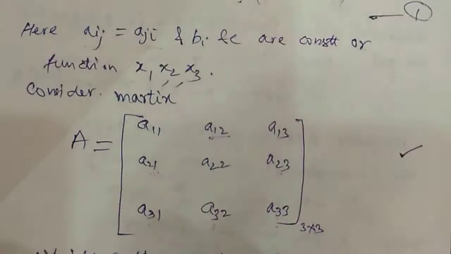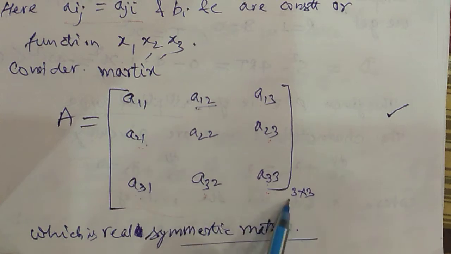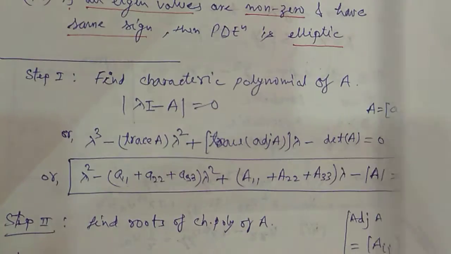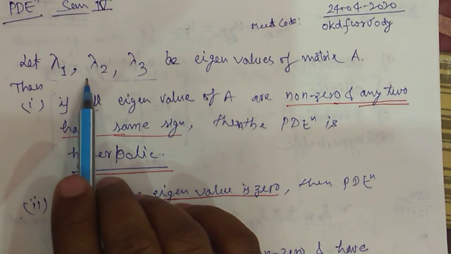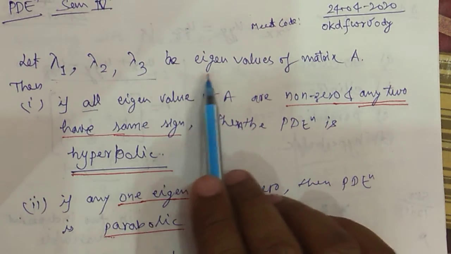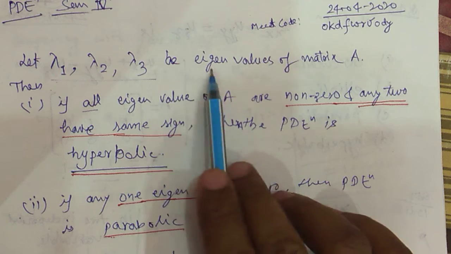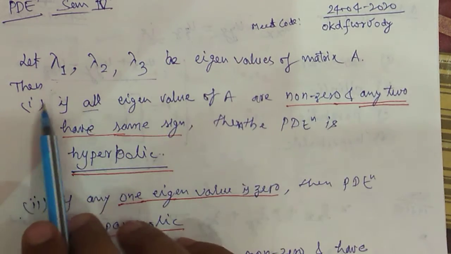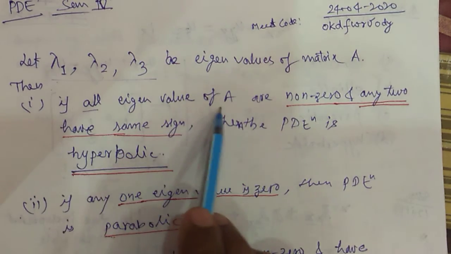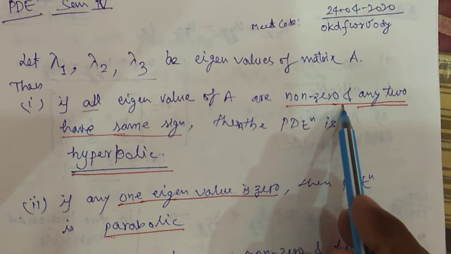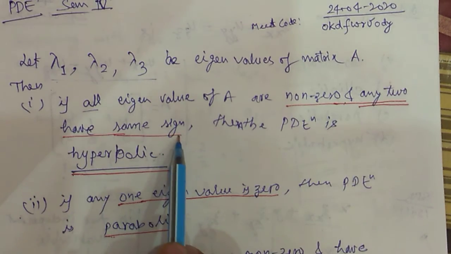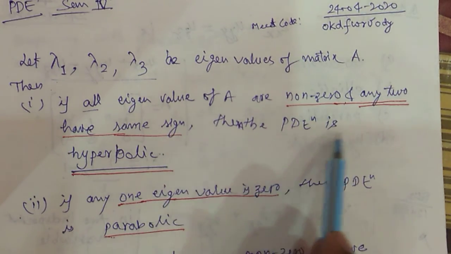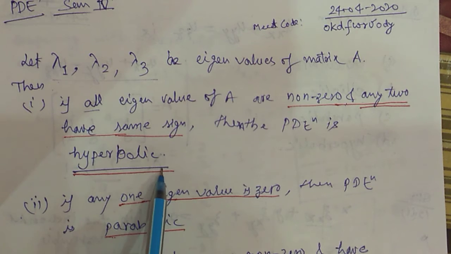Now we find the eigenvalues of this third order matrix. Suppose lambda 1, lambda 2, lambda 3 are the eigenvalues of matrix A. Then, one: if all eigenvalues of A are non-zero and any two of them have the same sign, then the given partial differential equation is hyperbolic.